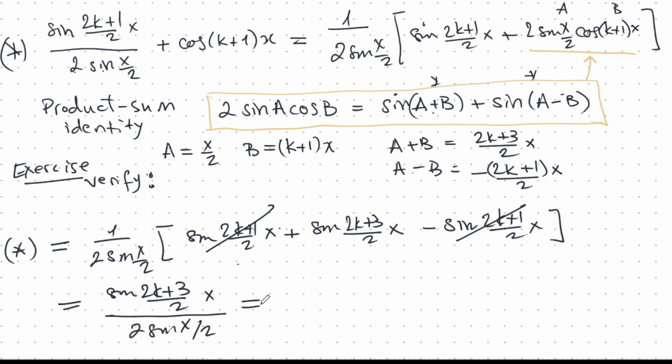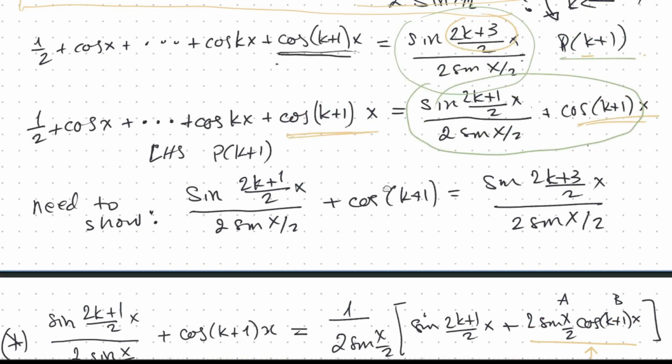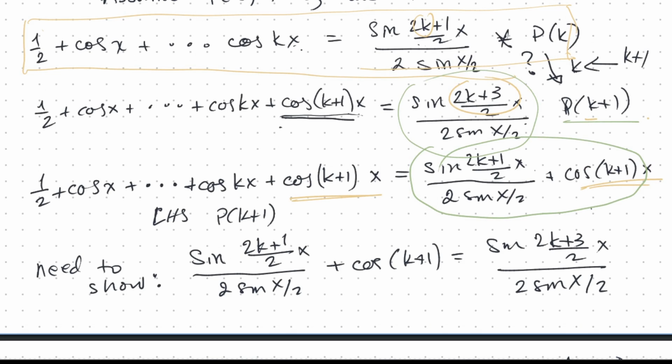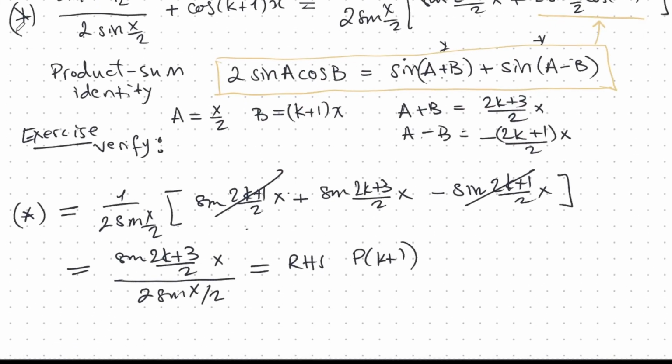But this is the right-hand side of the P(k+1) statement. And if we go back, you can verify that here. That's P(k+1). And so we're done. We did it.